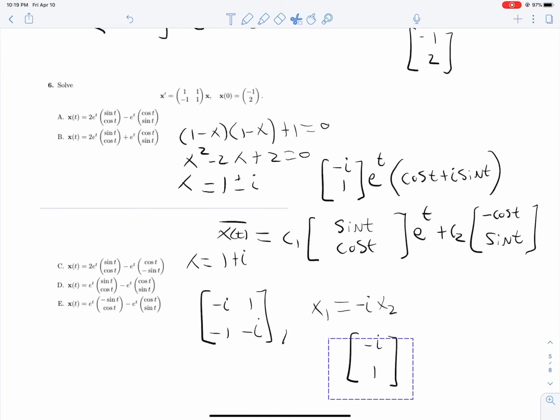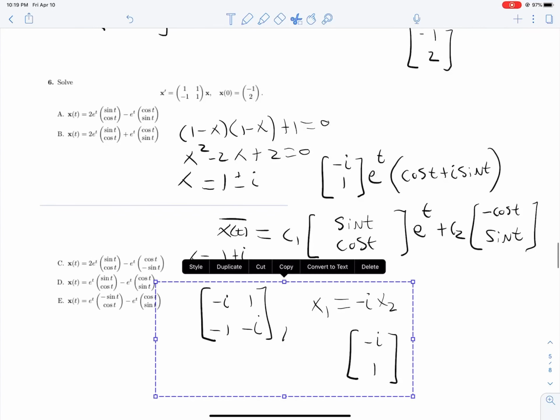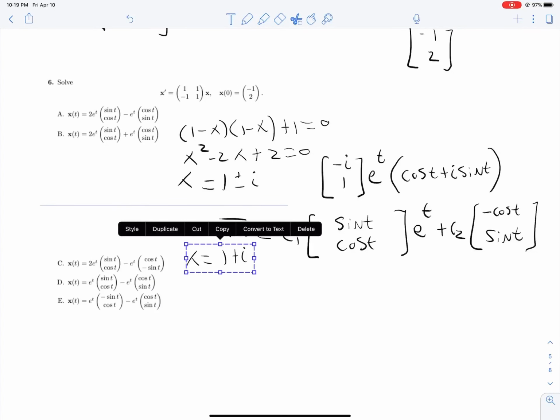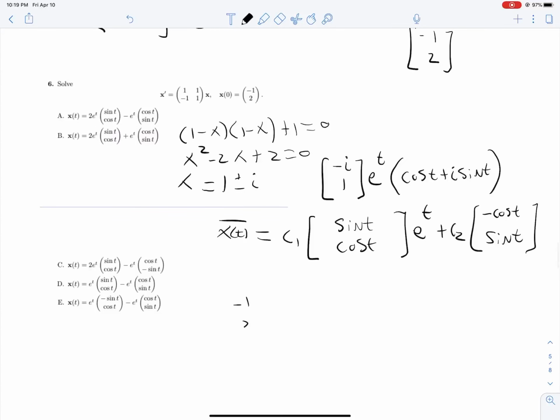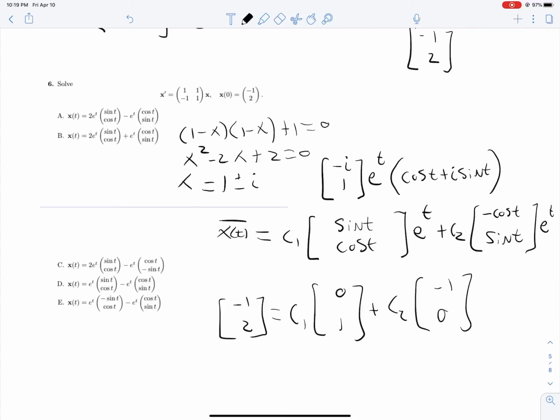And with that, we should be ready to solve for our initial condition that we are given. So x at 0 is negative 1, 2, and that's equal to c1 times cosine t, sine t evaluated at 0, so 0, 1. e to the t is just 1, and I forgot our e to the t over here, plus c2 negative 1, 0, multiplied by 1 yet again.